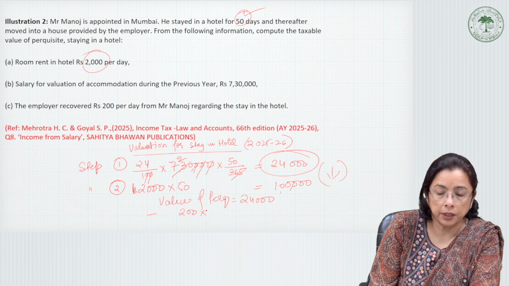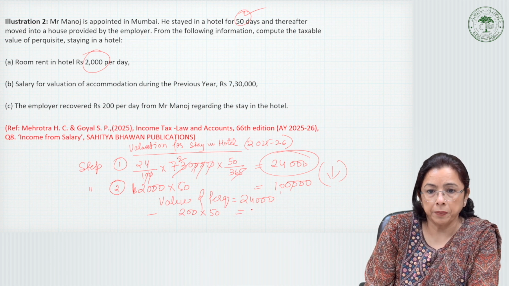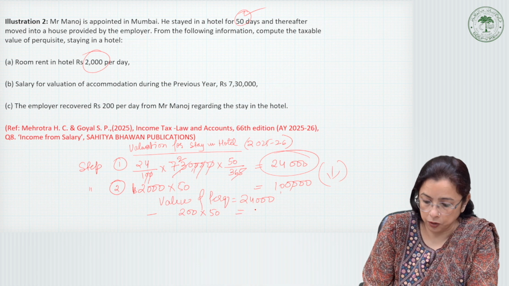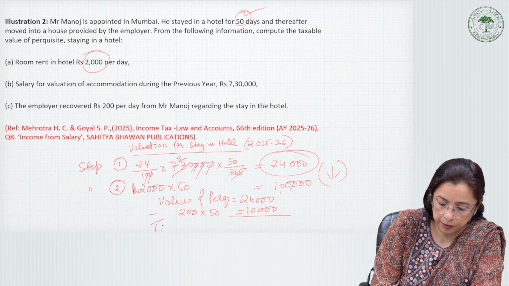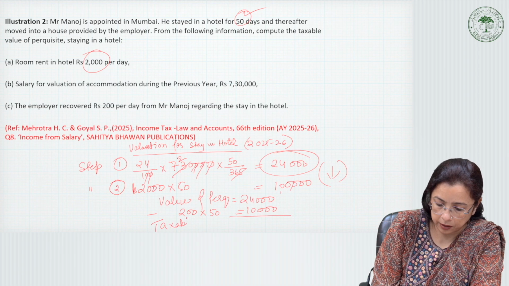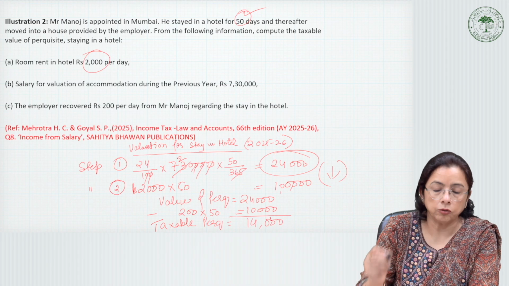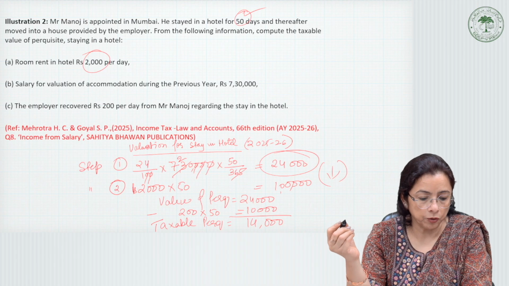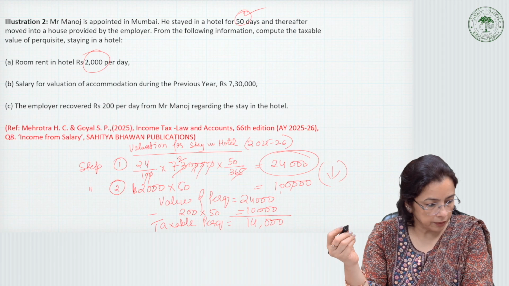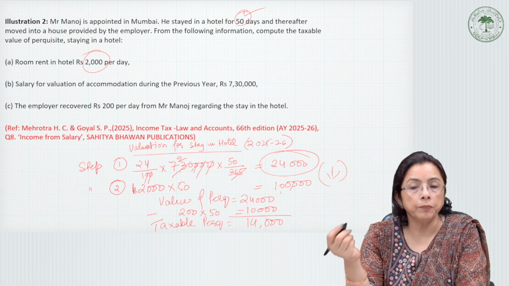So 200 into 50 makes it 10,000. So the taxable perquisite will be 14,000. So this is how we compute the value of perquisite in a hotel.